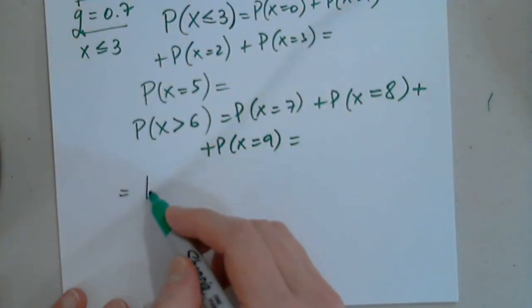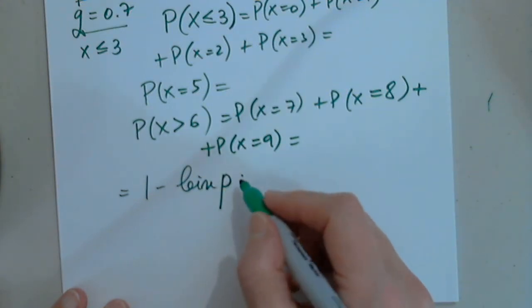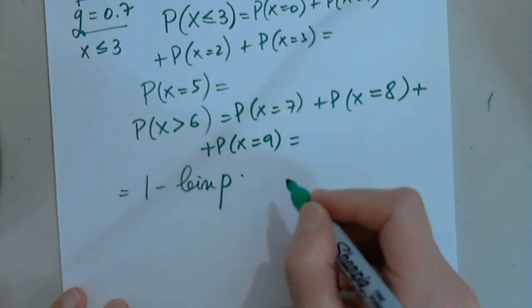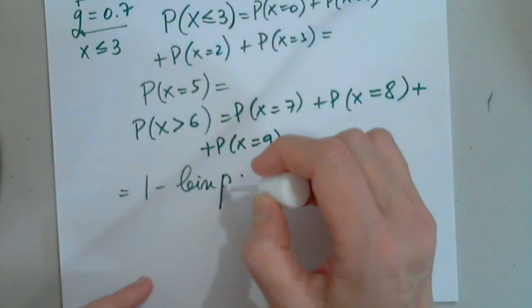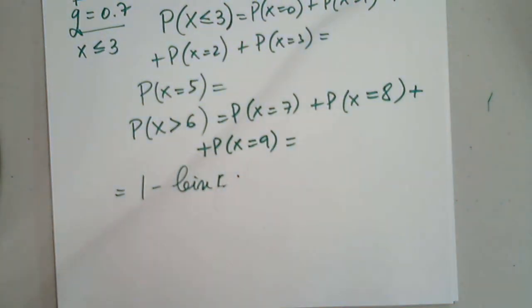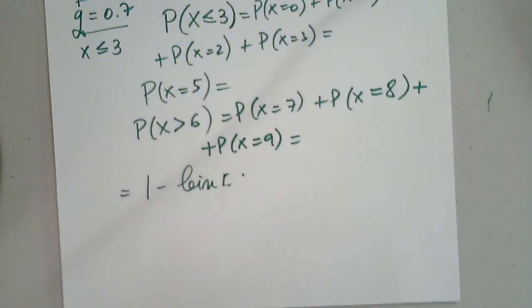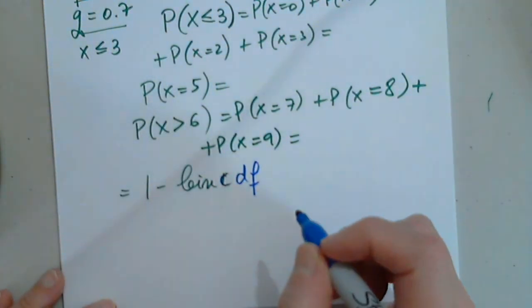So that is 1 minus binomial cumulative, sorry, CDF, not PDF. I'll explain PDF in a moment. But right now we only need CDF. When we cumulate, it's a cumulative, so probably CDF.